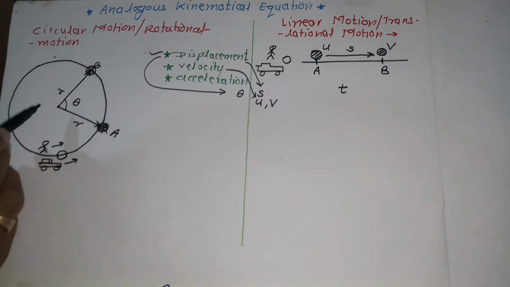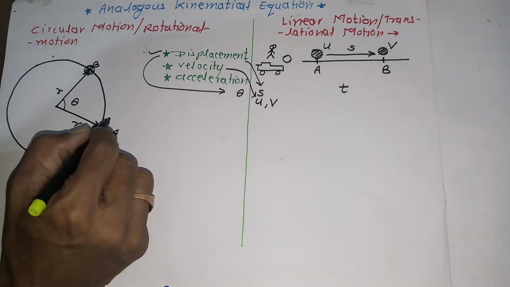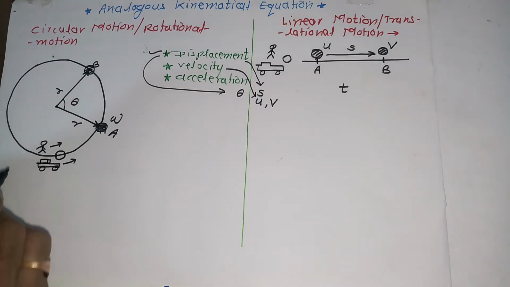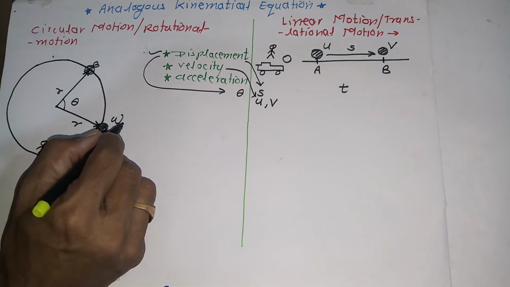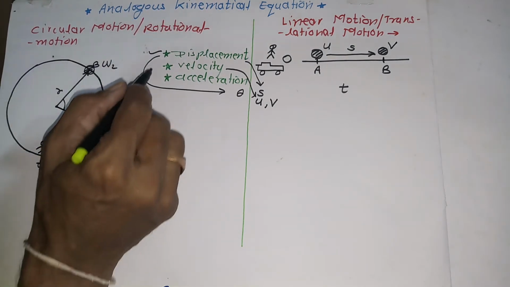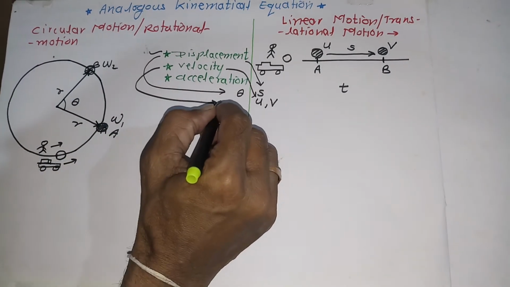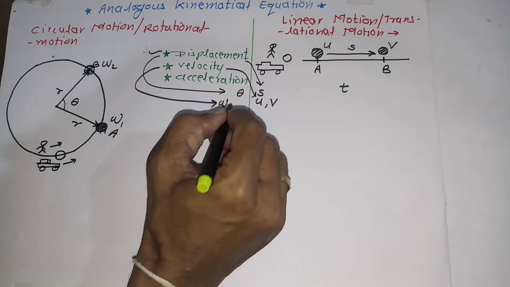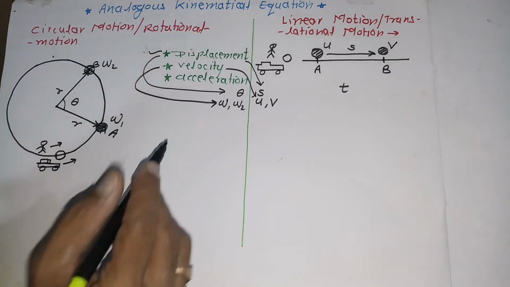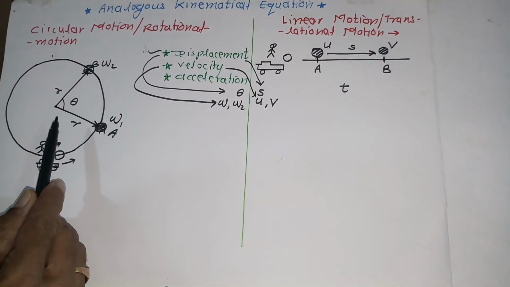Similarly, you have to consider velocity in circular motion, and that velocity is called the angular velocity. It is represented by omega: initial angular velocity is omega 1 and final angular velocity is omega 2. This is the analogy between these two physical quantities in linear motion and circular motion.